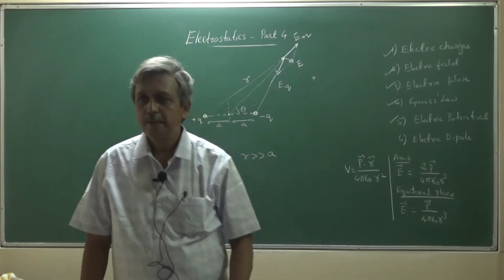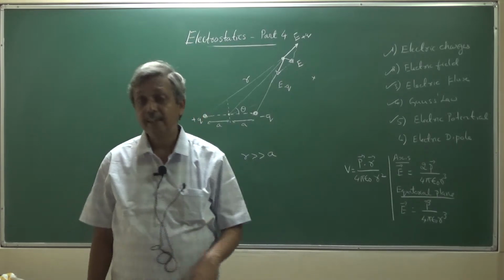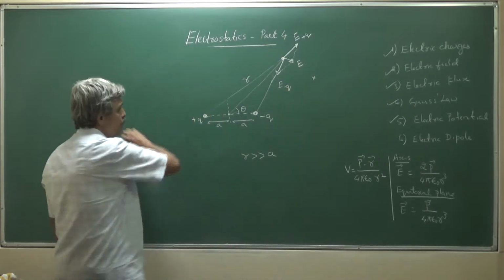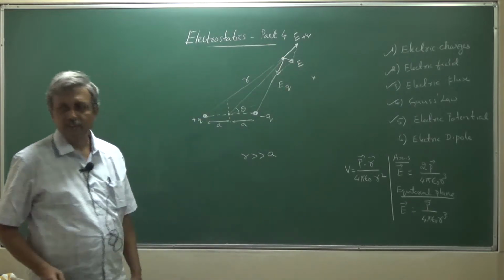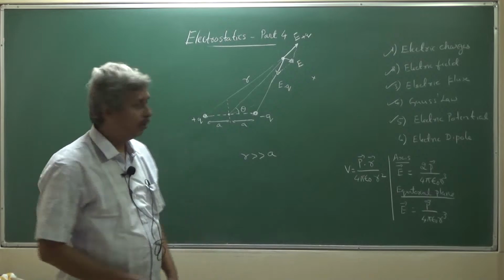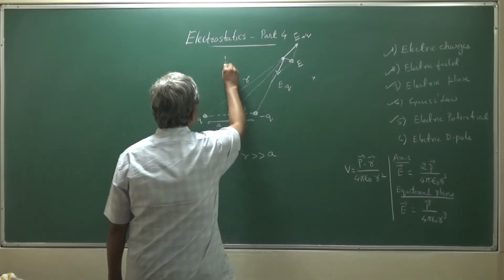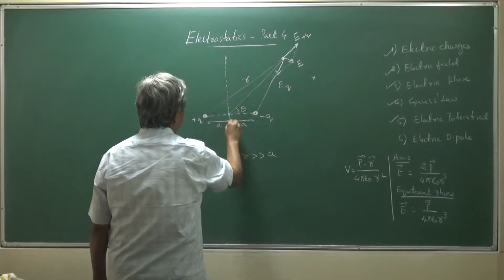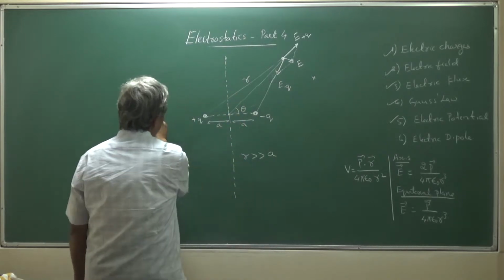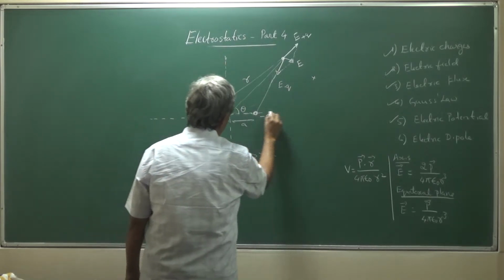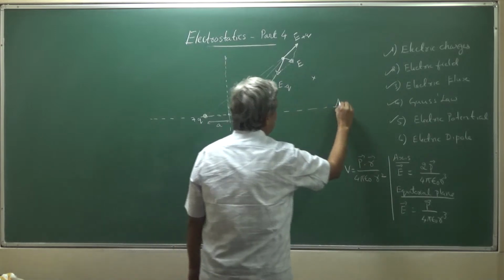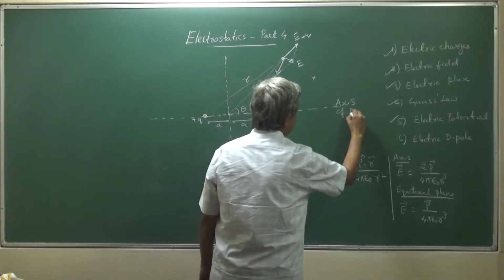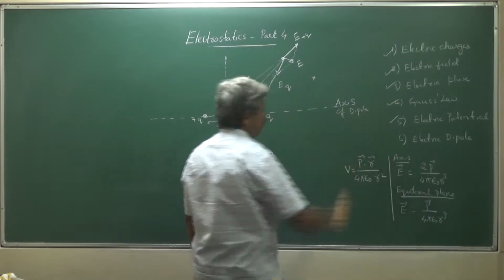So at your PUC level, we don't calculate the electric field at any arbitrary point wherever you want. Instead of that, we will draw two lines. One line we will draw, and another line we will draw. This line we call the axis of the dipole.